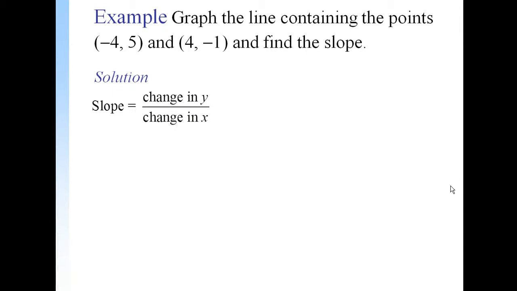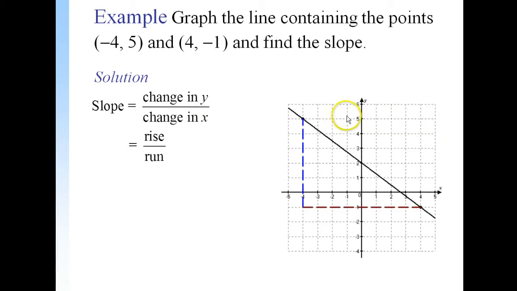So again, they're showing you step by step: change in y, change in x, rise over run. If you were to plot it on a graph, you'd have this point here and this point there.